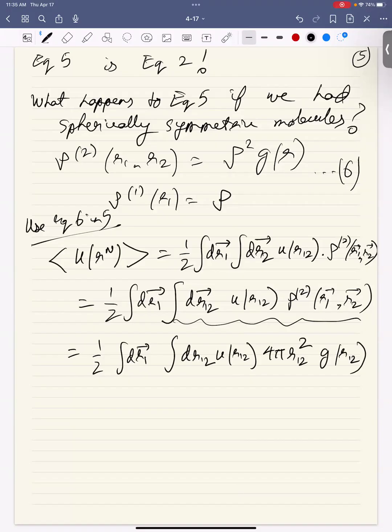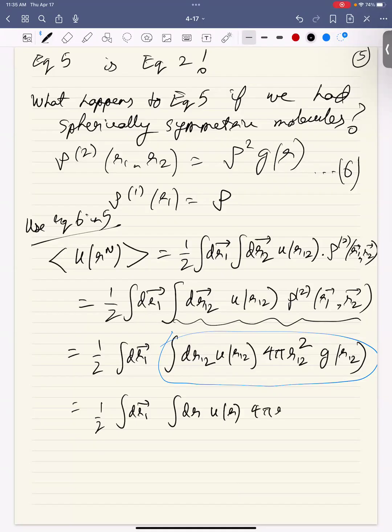Now notice that r12 is just a variable here. There is no point in calling it r12. We can call it dr. It's an integral variable, right? So this thing becomes half integral dr1 integral dr small u of r 4 pi r square g of r.